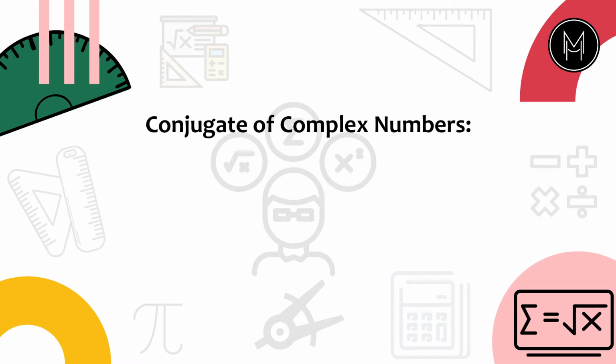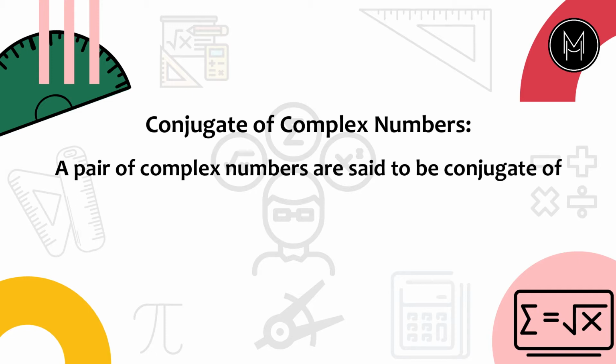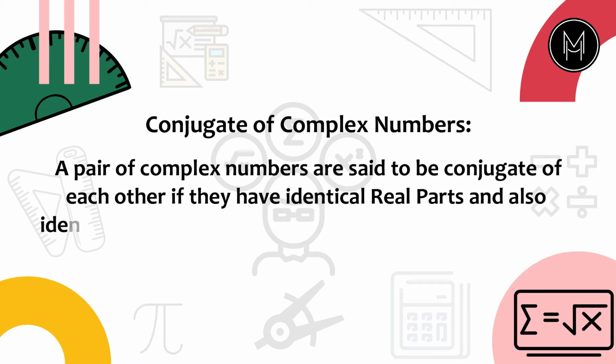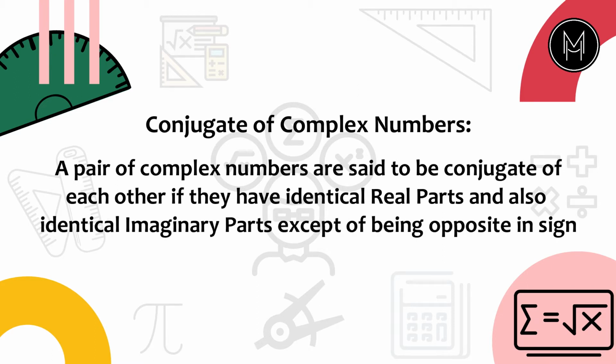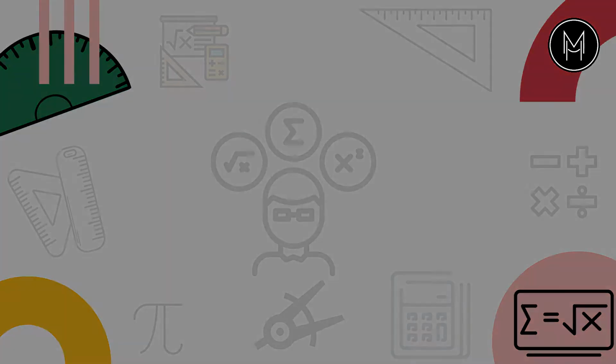For complex numbers, a pair of complex numbers are said to be conjugates of each other if they have identical real parts and also identical imaginary parts, except for being opposite in sign.